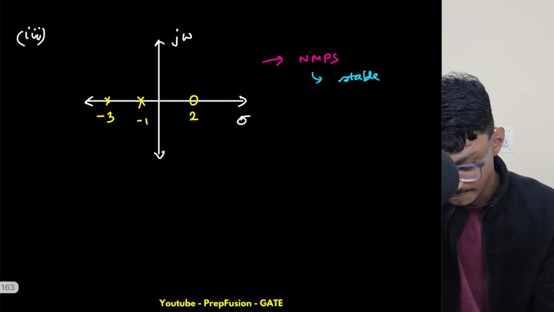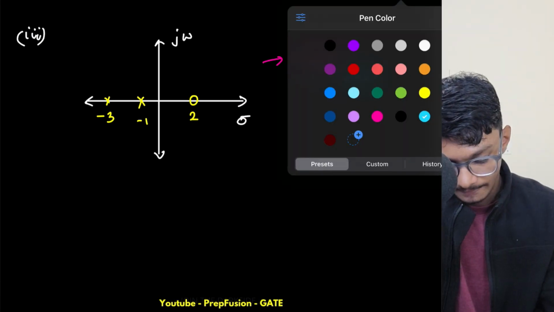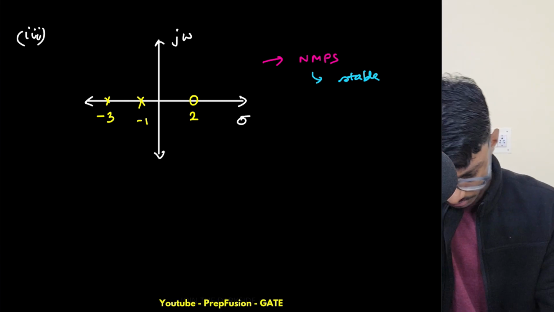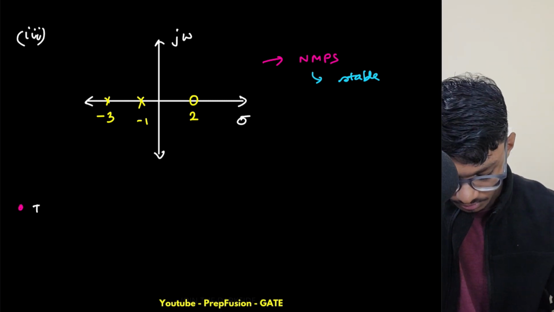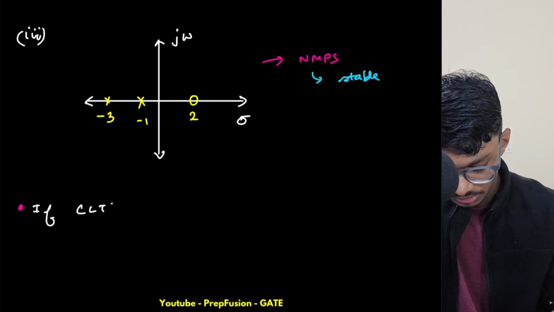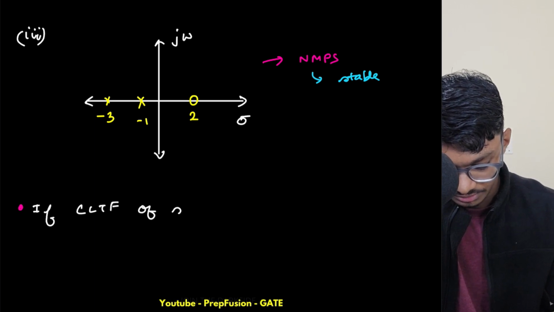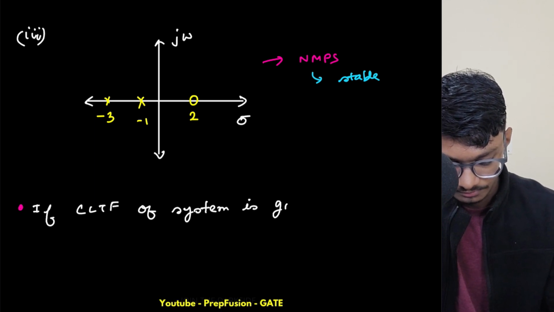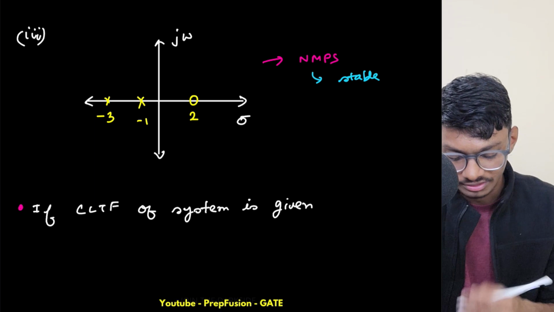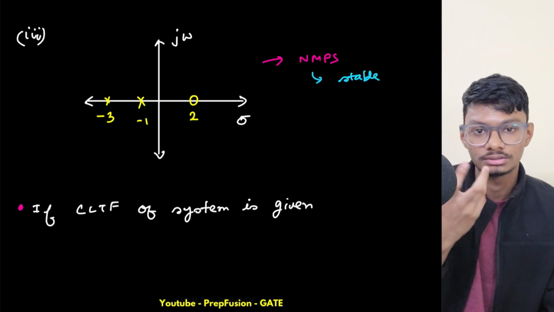So what I can write here is that if the CLTF of a system is given, it is not that important a point, but still a few things you can deduce from here.